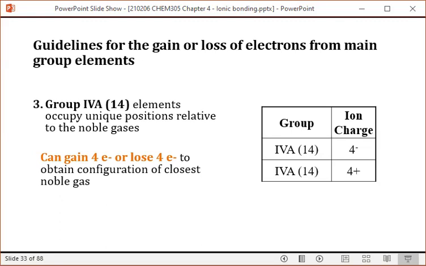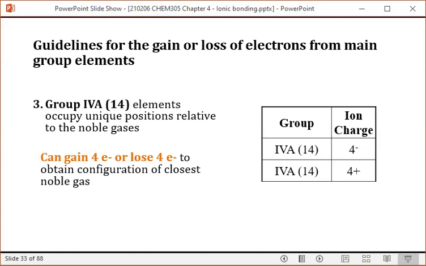So starting with carbon, elements in that column could gain 4 electrons to get to a full octet, or they could lose 4 electrons to get to a full octet. One way isn't necessarily automatically easier than the other way. And so they could form ion charges of either plus or minus 4, depending on if they gained 4 electrons or lost 4 electrons to get to a full octet.